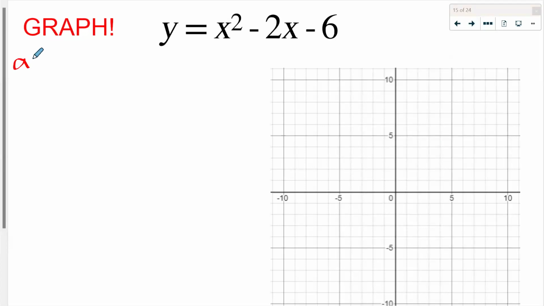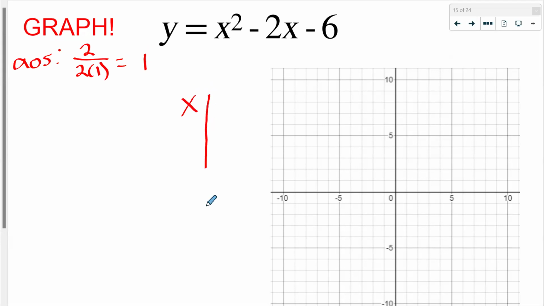Again, the AOS is the opposite of B. So it's the opposite of -2, which is +2, over 2 times A, which is 2 times 1, or 2. So we have 2 divided by 2, which is 1.